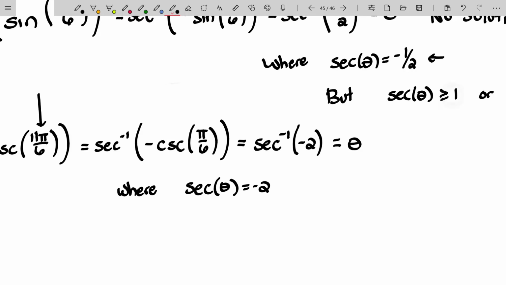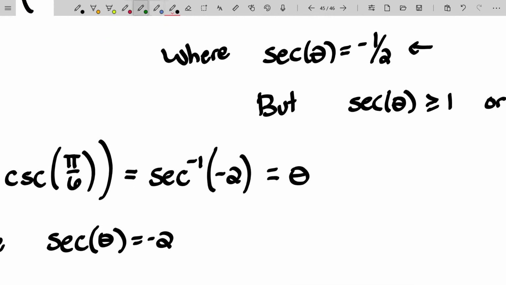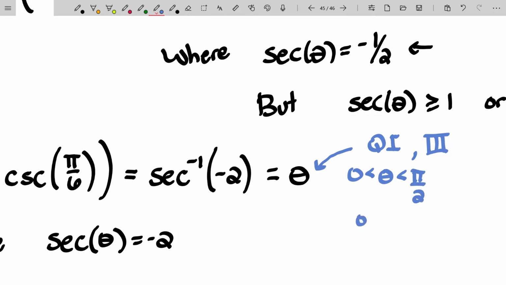Now, a little note here, kind of critical, is that the secant inverse returns angles that are either in quadrant 1 or quadrant 3. Remember, secant inverse and cosecant inverse are the oddballs. They just return in weird quadrants. Specifically, they return angles between 0 and pi over 2, or pi and 3 pi over 2.